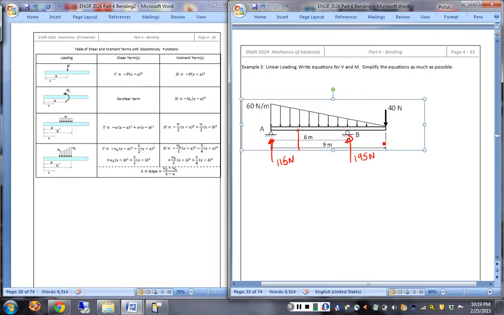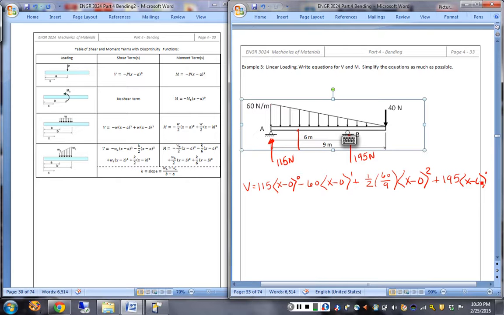Now we put together the terms for the shear equation, starting with the left reaction: 115 x minus 0 to the 0, minus 60, which is the magnitude of the distributed load at the beginning, x minus 0 to the 1, plus 1/2 times 60 over 9 times x minus 0 squared, plus 195 x minus 6 to the 0.